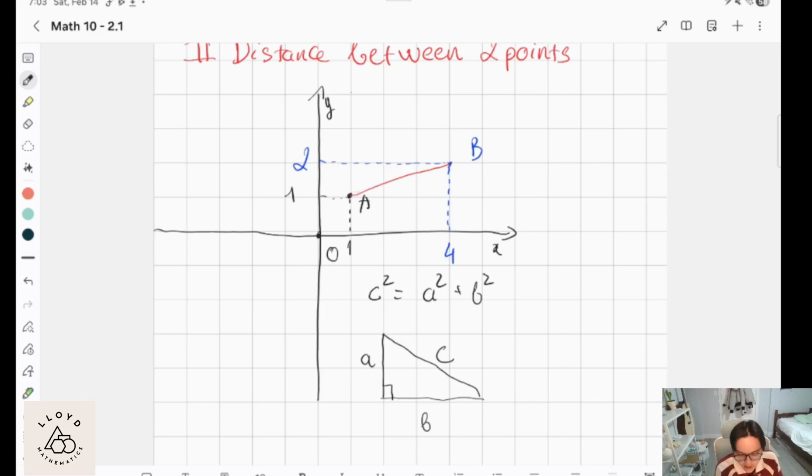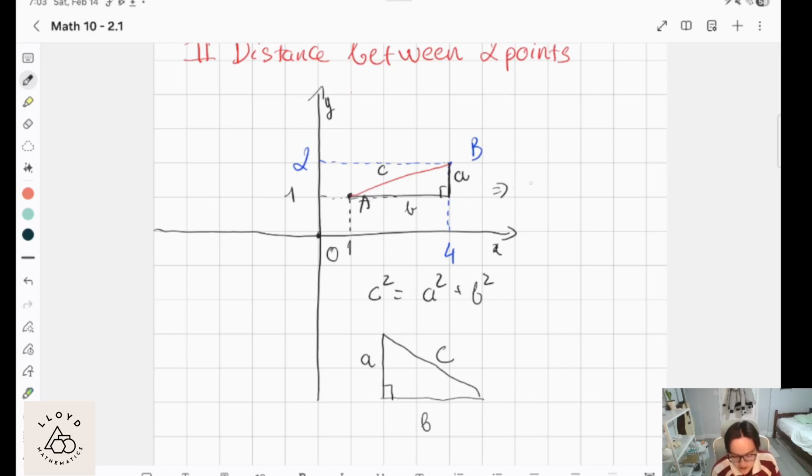So I already have the line right here. I need to draw another line, which is this one and this one. And therefore I call this A, this is B, and this is C. So this is a right triangle.